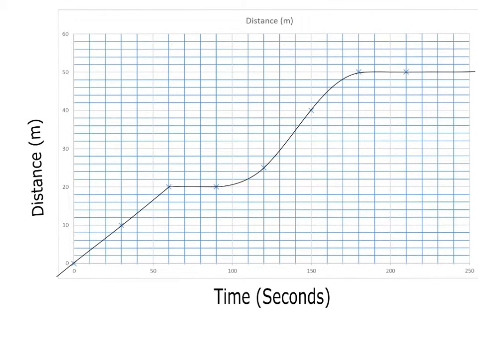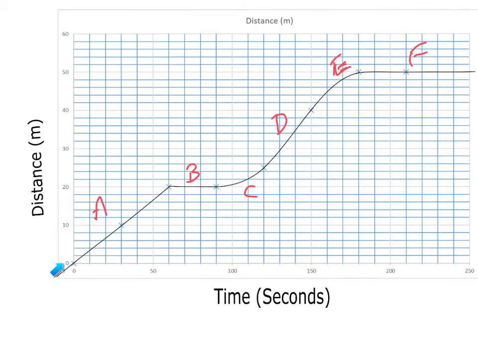So if you make sections here, A, B, C, D, and then E, F, you can talk about these sections. Now A shows steady speed because it's increasing distance at a steady rate.